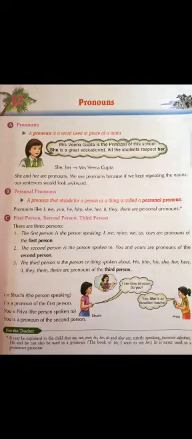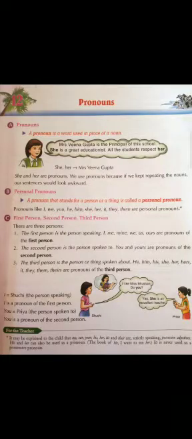Moving on to the next, that is first, second and third person. There are three sentences given and let us study them. The first person is the person speaking. That is I, me, mine, we or us. All these pronouns are called first person.